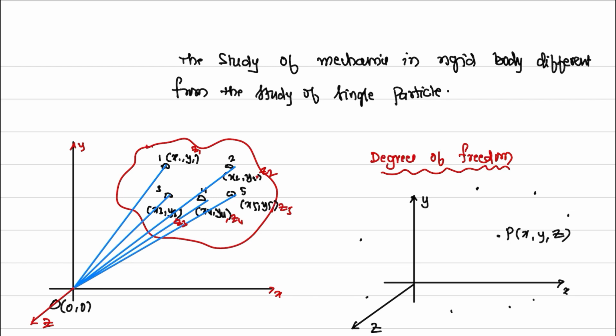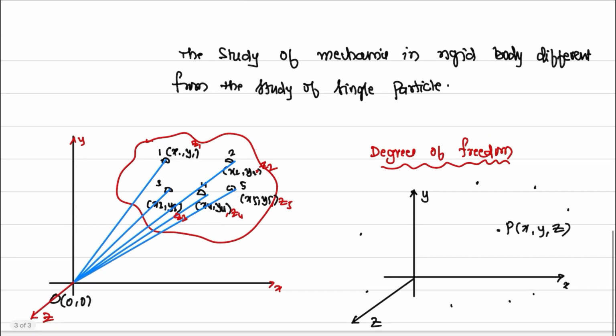That means a particle has the freedom in a 3-dimensional space of choosing its own coordinate until and unless you have put a position condition there. That means a free particle has 3 degrees of freedom as far as its position is concerned.